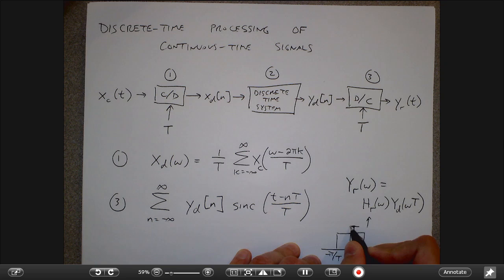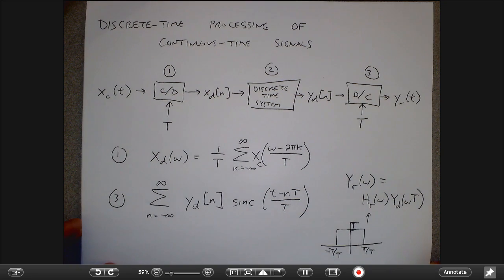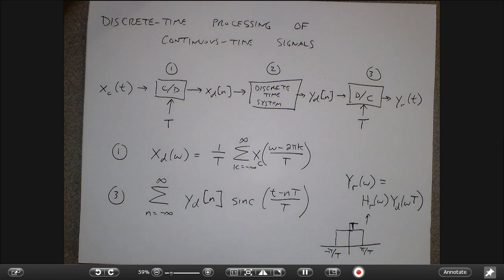And I have to have this low-pass filter be of height T in order to compensate for the fact that the copies are of height 1 over T. This is all just review from last time.